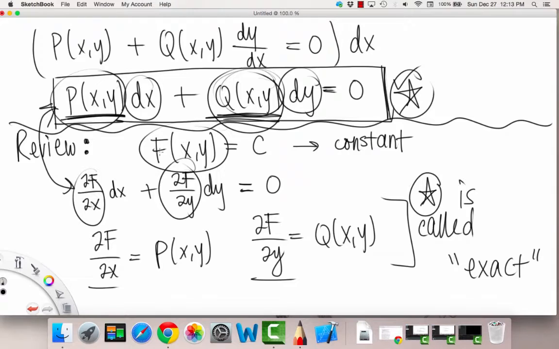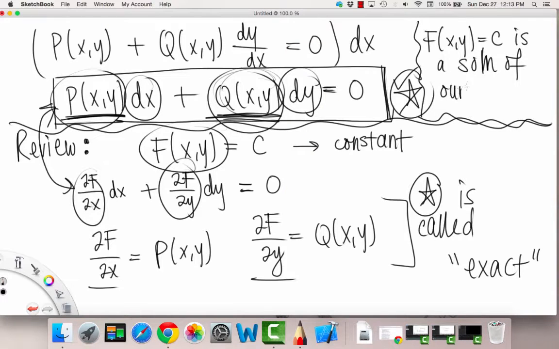So when that happens, that means that f of x,y equal to c is a solution of our ODE, where the ODE is the boxed starred equation, the thing that I've written all over. I'll write another arrow at it. So f would be the solution if this were the case.